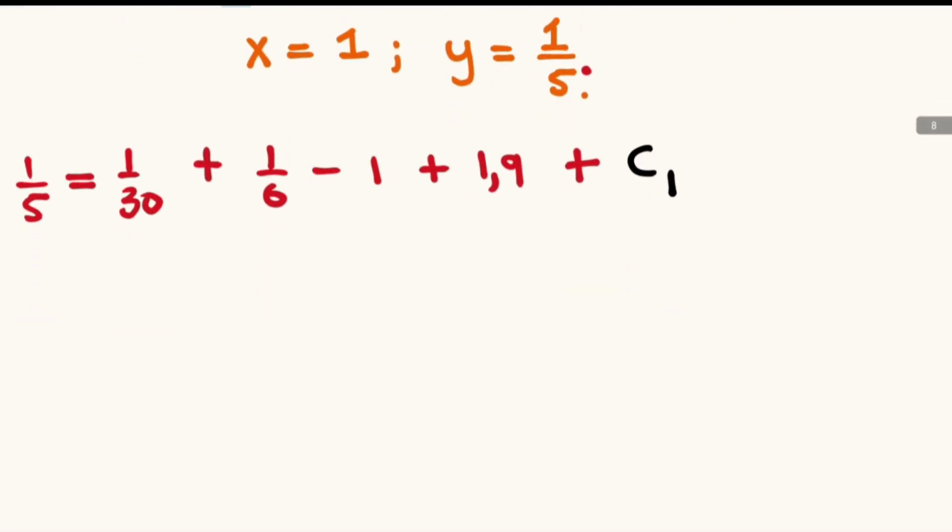And the 1 divided by 5 will be equal to 1 over 30 plus 1 divided by 6 minus 1 plus 1.9, and this will be equal to 11 divided by 10 plus c1.